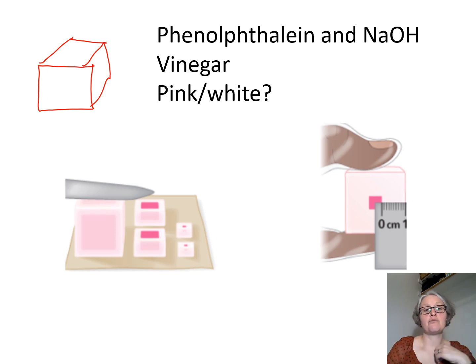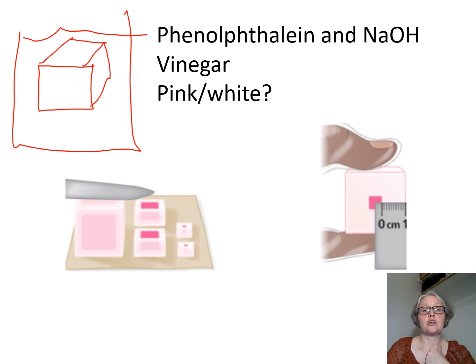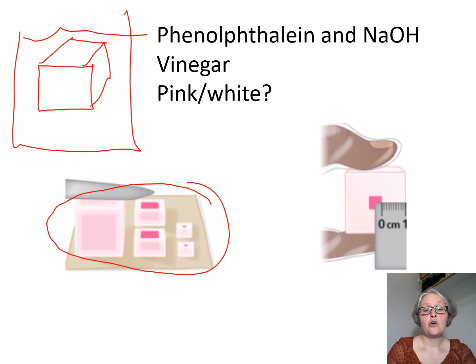You then took these bright pink cubes and you dumped them into a solution of vinegar. Vinegar is acidic. When vinegar is able to get into the cube, it will change that phenolphthalein from pink to white. So what you got was then these cubes where you could see how far that vinegar had been able to move into the cells.